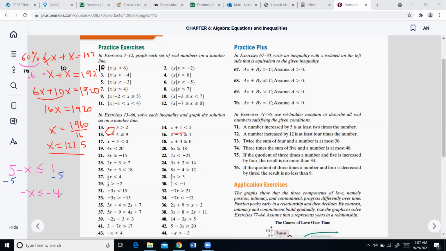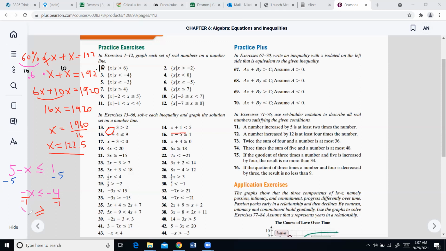And here comes the part that we noticed differs solutions of equations and inequalities. When you change the sign of -x by either dividing it by -1 or multiplying by -1, the point is you change signs, and this inequality will reverse its direction, because when you divide by a negative, instead of less than, you get greater.